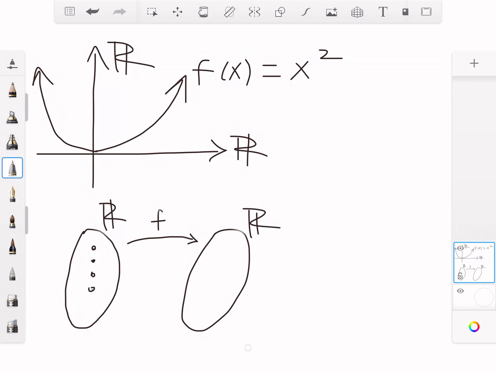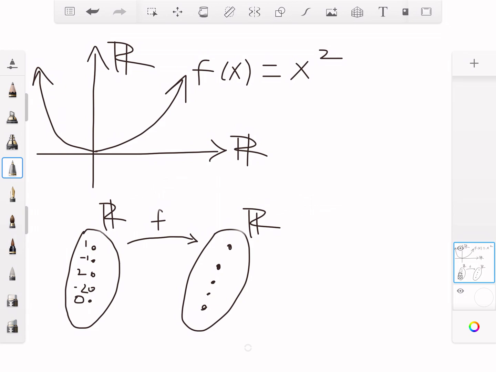Let's say this is 1, -1, 2, -2, and let's just do another one: 0, and there, there, and there.